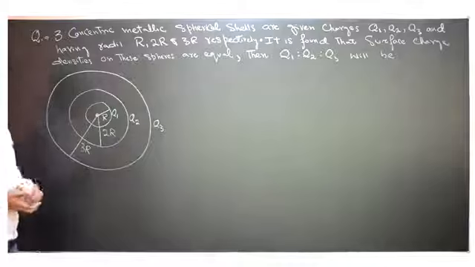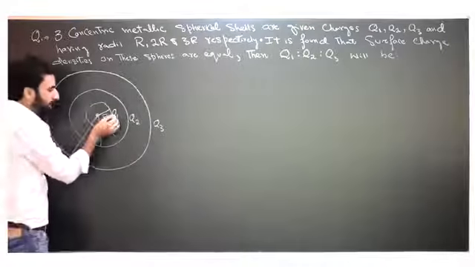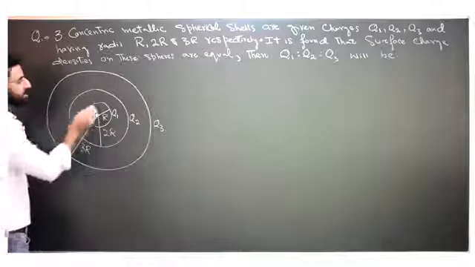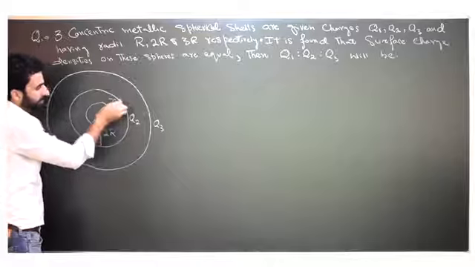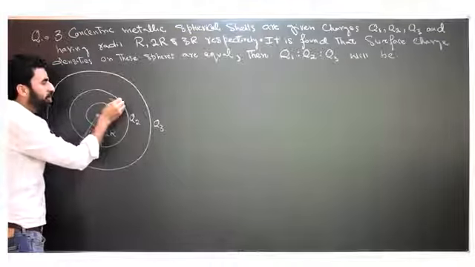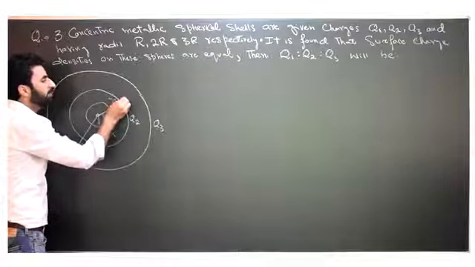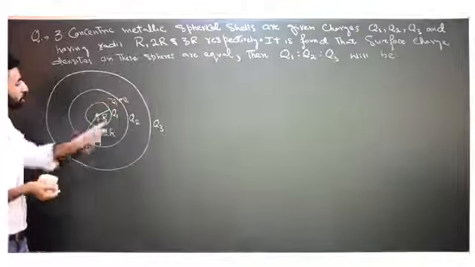But once we give charge q1 to the first shell, a charge minus q1 will be induced on the inner side of the second shell, and a charge plus q1 will be induced on the outer side of shell 2.